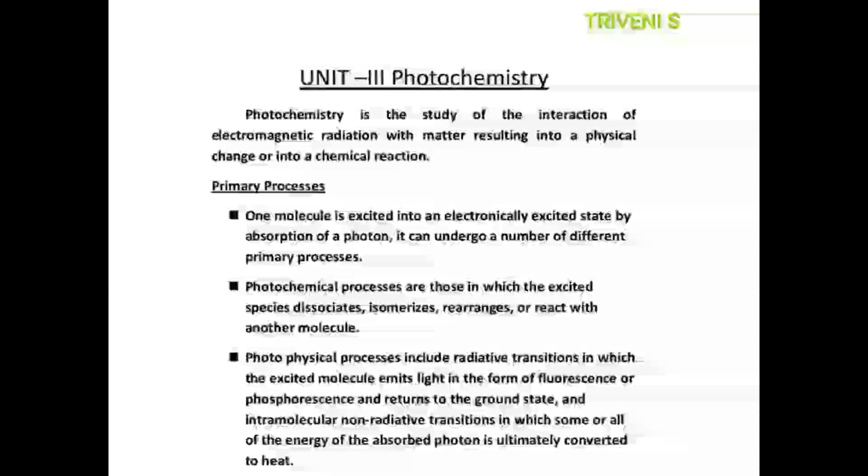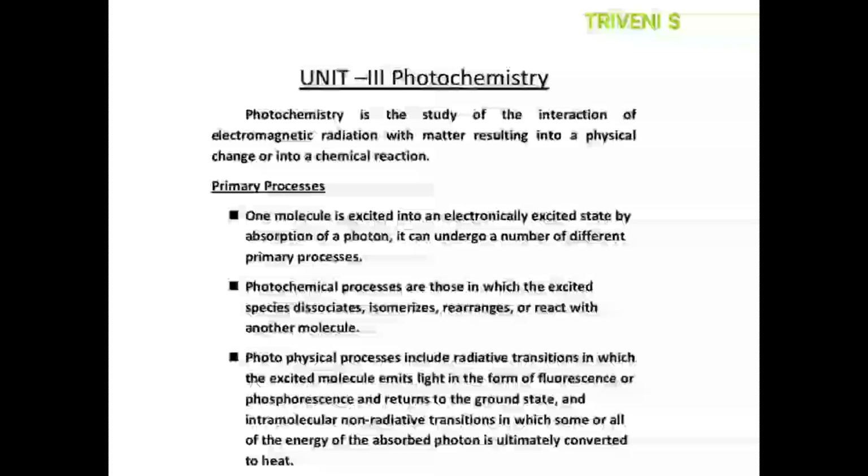Photochemistry is defined as a branch of chemistry which deals with the process involving emission or absorption of radiation. Means while studying the emission or absorption of radiation by an atom, we call it photochemistry.